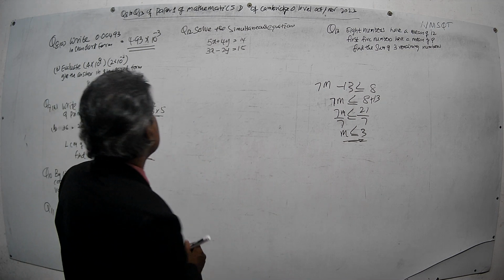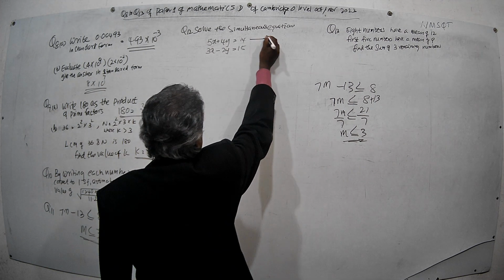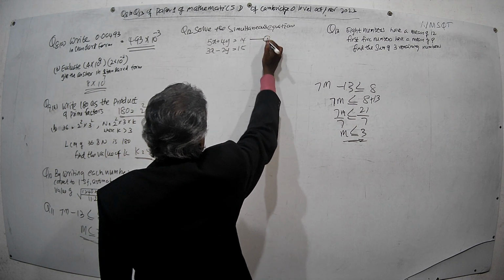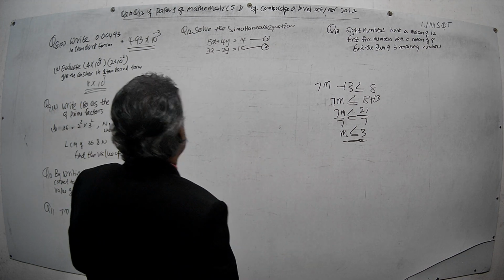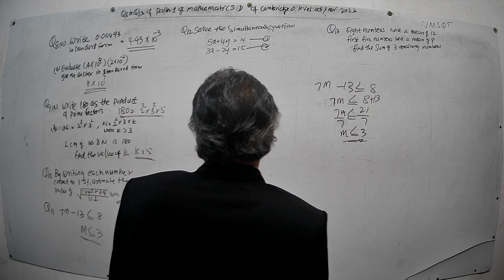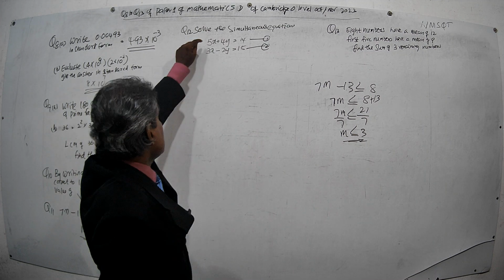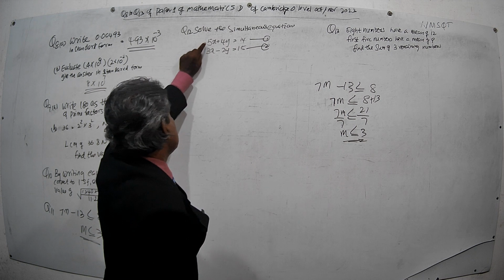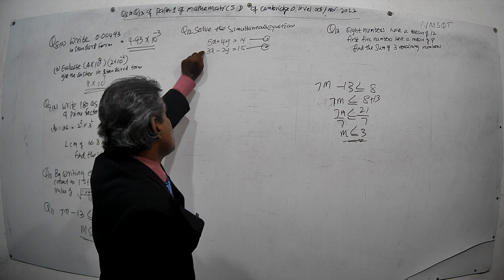Question 12 solves simultaneous equations. They take these two equations. First one is 1 and second one is 2. The first equation is 5x plus 4y equals 14. Second equation is 3x minus 2y equals 15. Right. Now here it is easy because we have to do only one multiplication. If you are going to equate the coefficients of x, then we have to multiply both equations, this by 3 and this by 5.